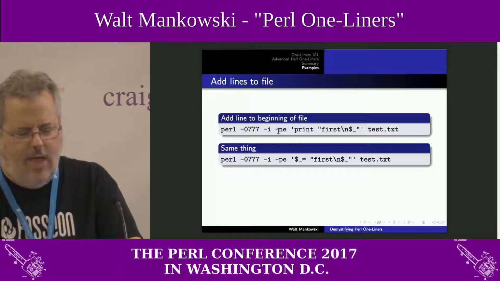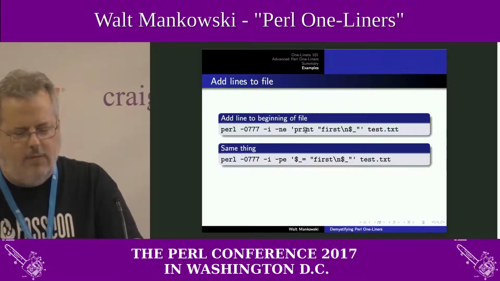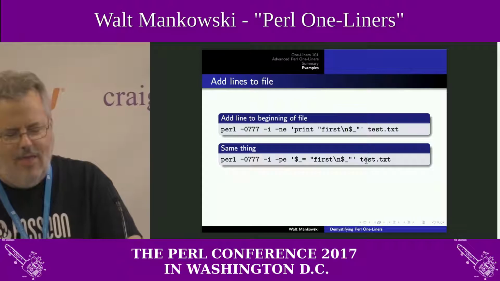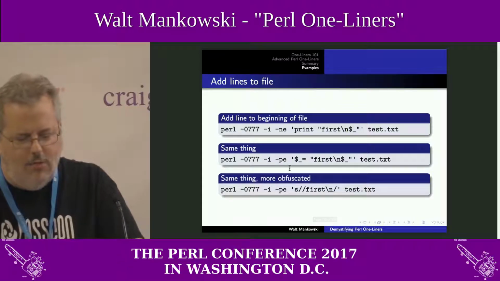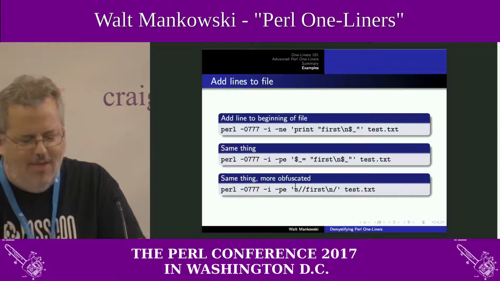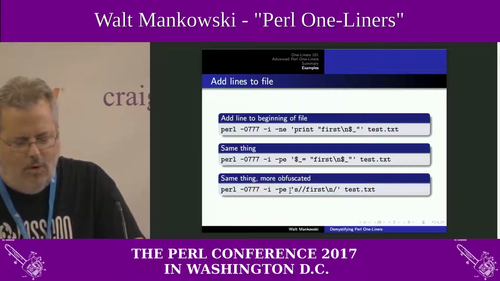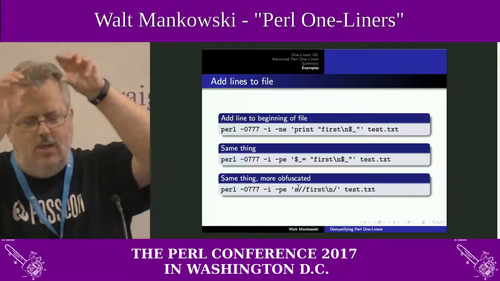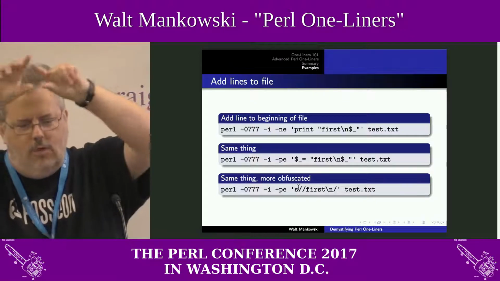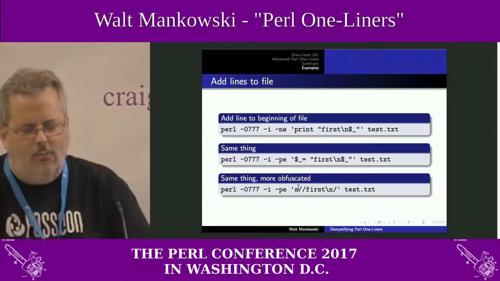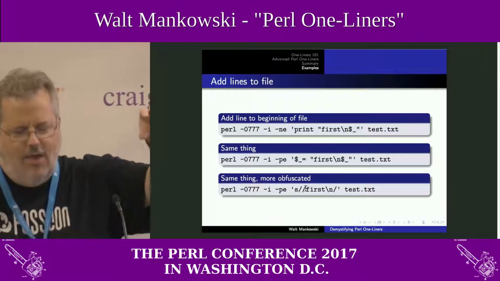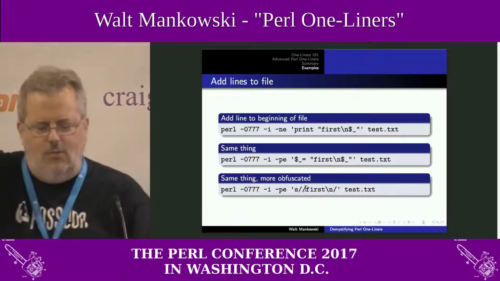We can change the -n to -p, and then we don't have to put the print. So we can just say $_ equals that, and that gets loaded in. Or we can do this in a more obfuscated way, where all we do is run a regular expression that operates on $_, whatever is there, and changes that entire string to "first" and a new line.